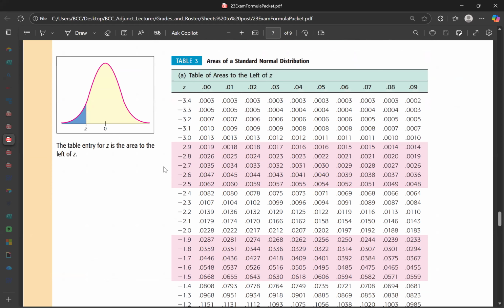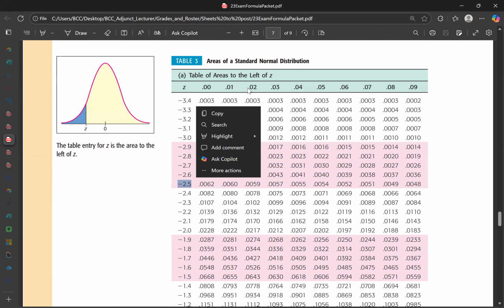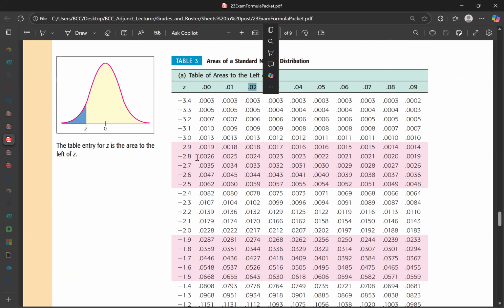Over here, I'm going to do negative 2.5 right here, and then the hundredth place is up top here. That's the 2. And then I want to see where they intersect. They intersect right here, negative 2.52 exactly. So what answer do you get where they intersect?